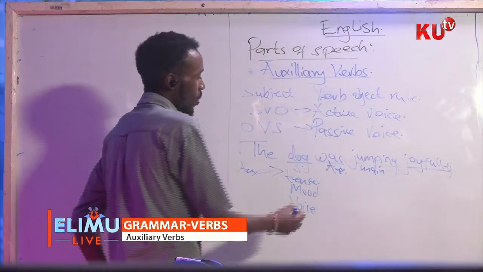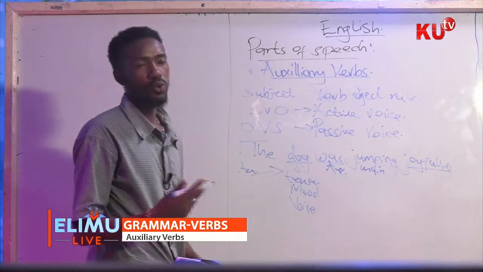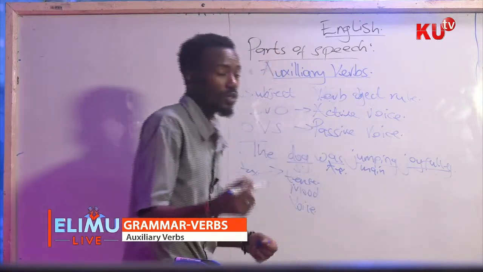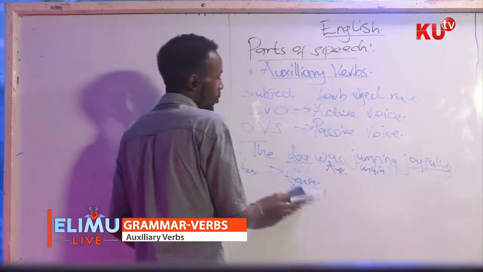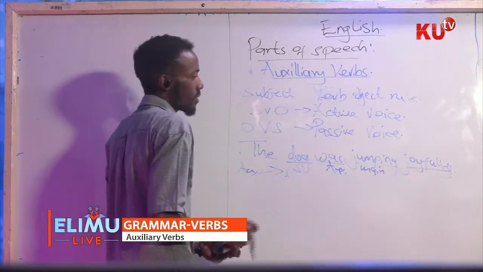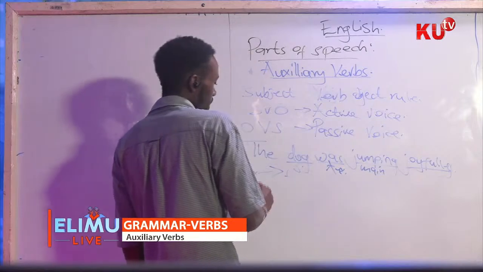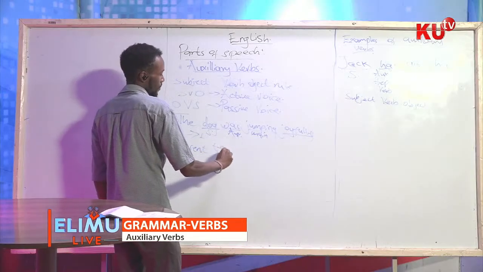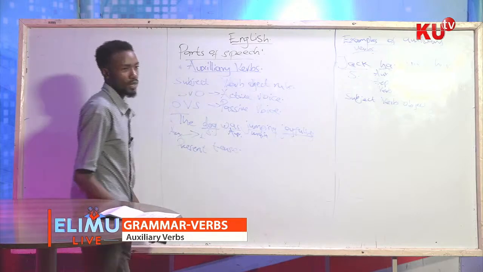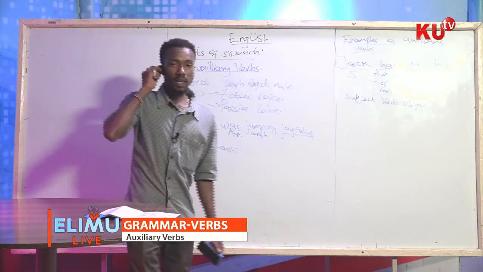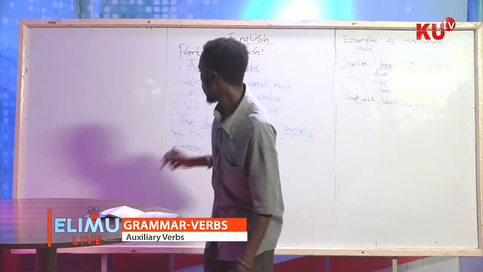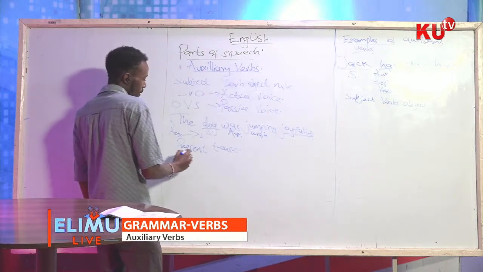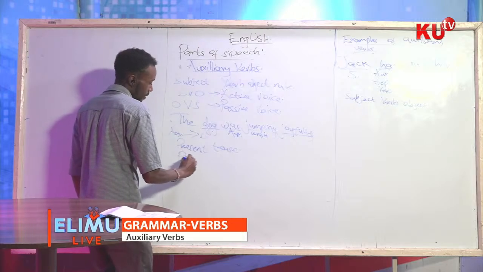So when we talk about tense, how many tenses do you know, viewers at home? I know you know some. We have the present tense, what is happening right now. We also have the past tense.